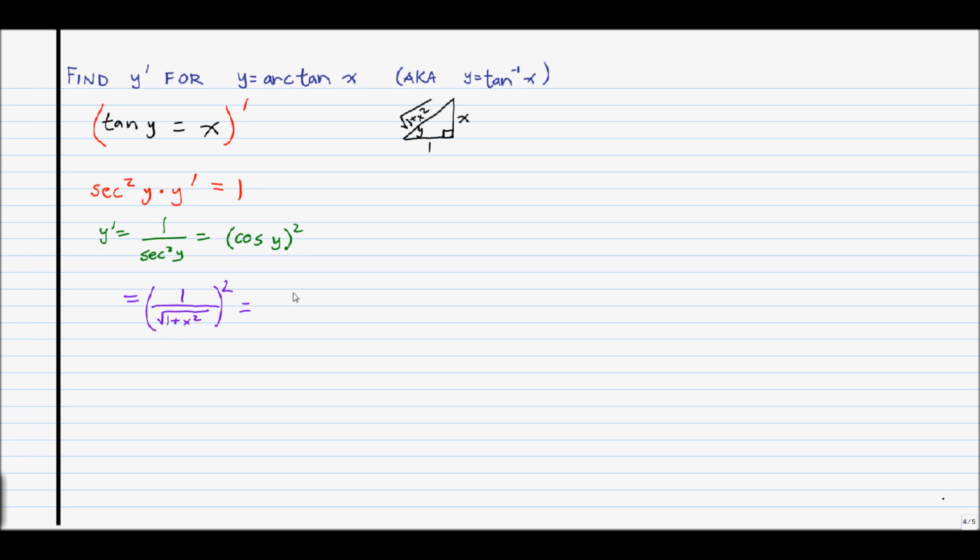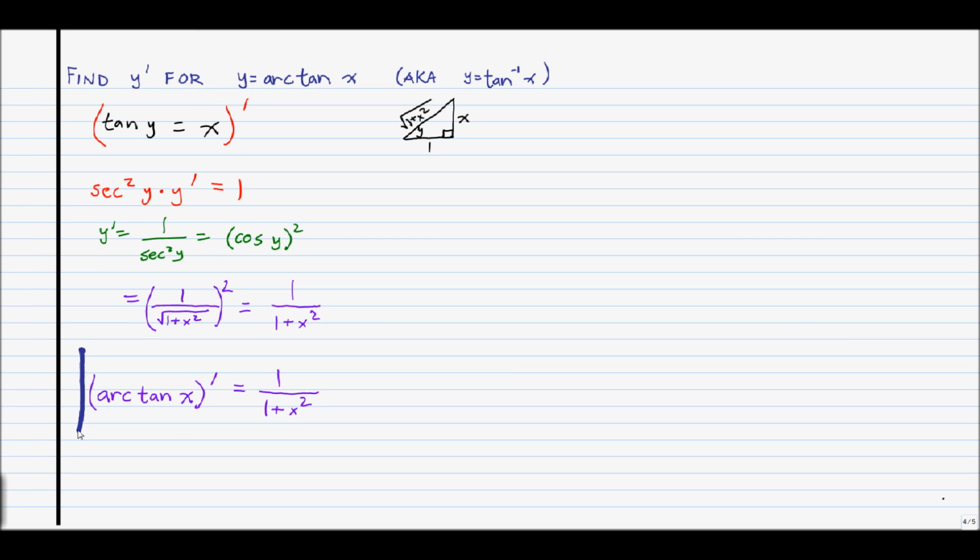So when we square that, we get 1 squared is 1, and the square root of 1 plus x squared squared is 1 plus x squared. And wow, that is an awesomely, ridiculously simple looking derivative. So in fact, our final one, you'll see why it's our final one, the derivative of arctangent of x is actually equal to the beautiful expression 1 over 1 plus x squared.